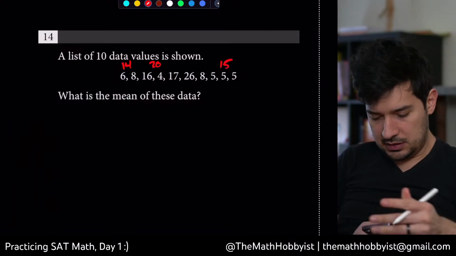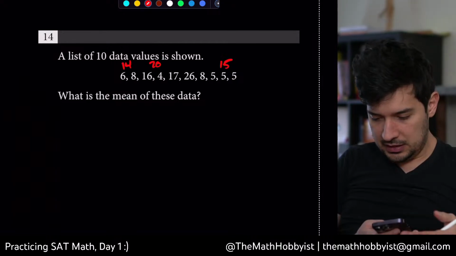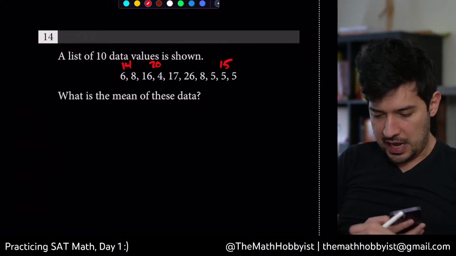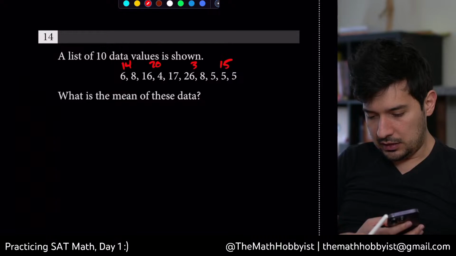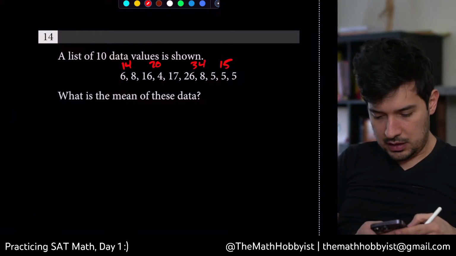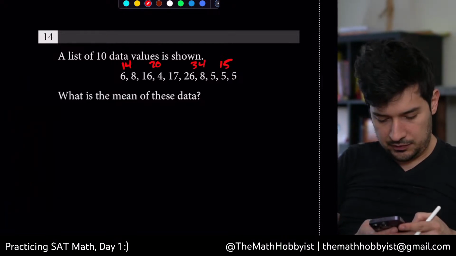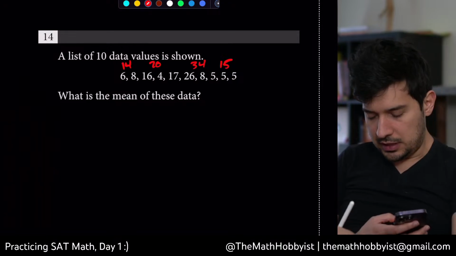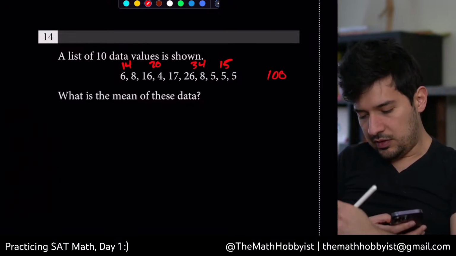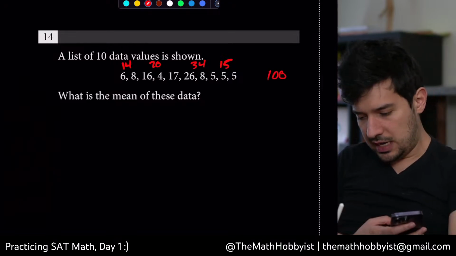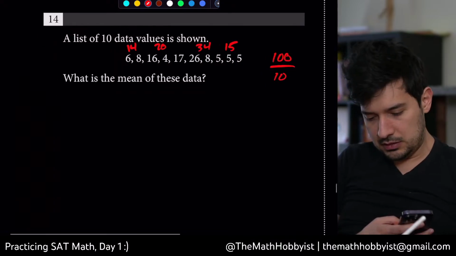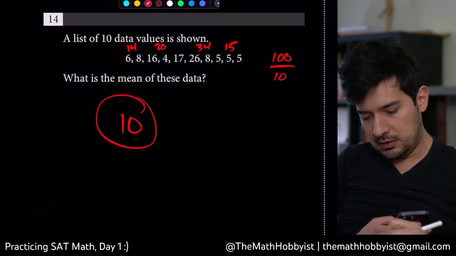Here I'm going to add next 15. Next I'm going to add 34. 15, 34, and 17. Oops. 34 and 17. So 100 is the sum, and then we divide by 10 data points, so the answer is 10.